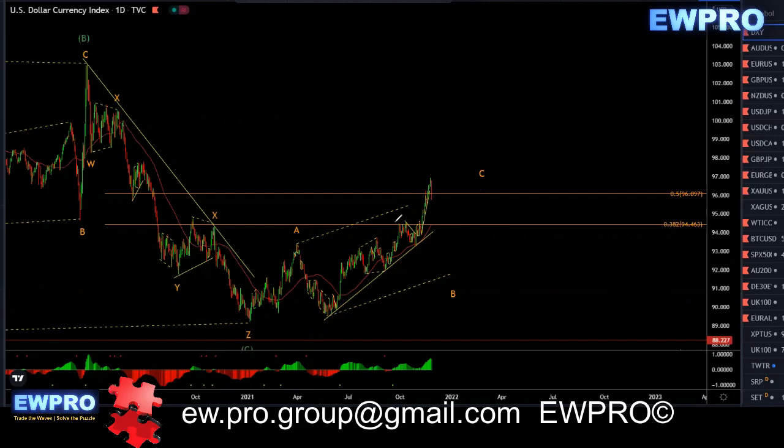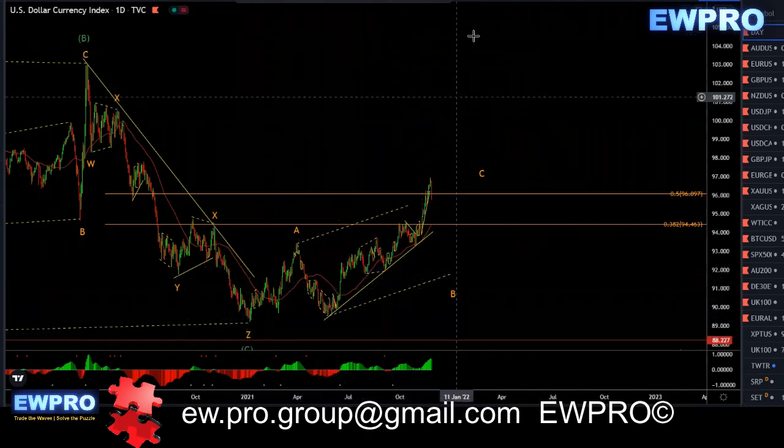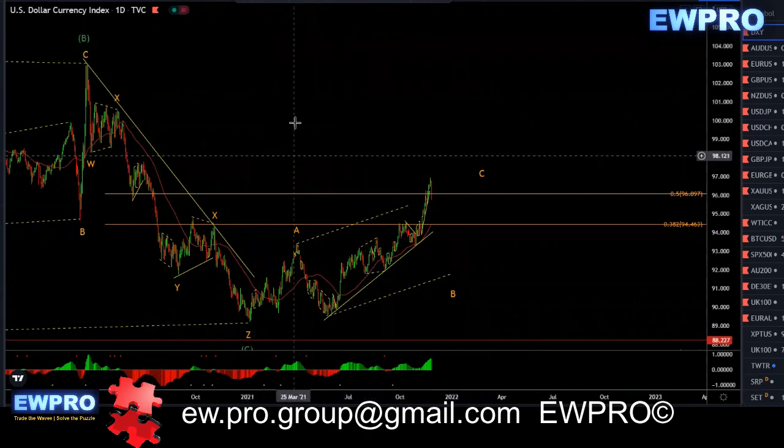I left this on here, but now we have to start to look at it. This wave in here has gone too far. It was very confusing because we had this big correction in here, but then this one has gone past the 161.8. So that's why we have to start to look at the monthly, and we can break that top.